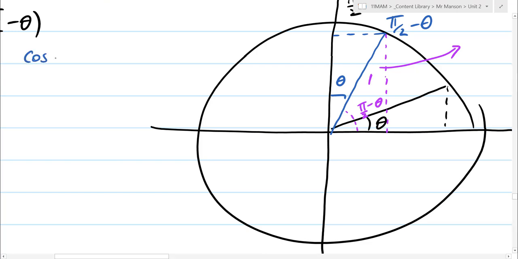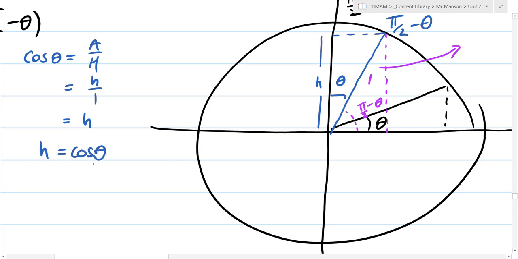Cos theta is equal to adjacent over hypotenuse, which is equal to, I'll just call it height for lack of a better thing, h over 1, so it's equal to h. The height is equal to cos theta, and the height is equal to sine of pi on 2 minus theta.